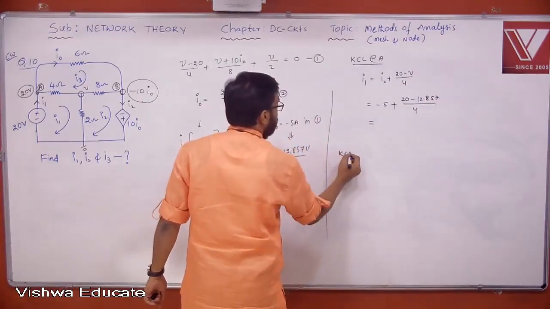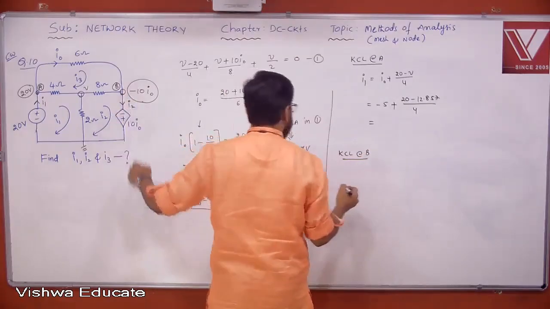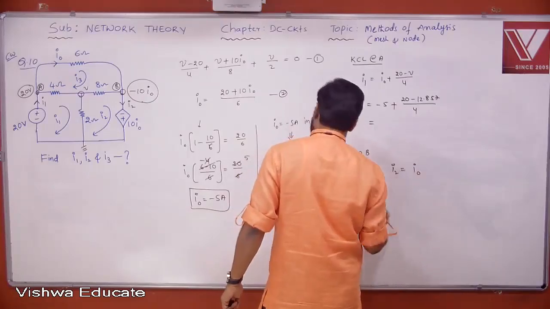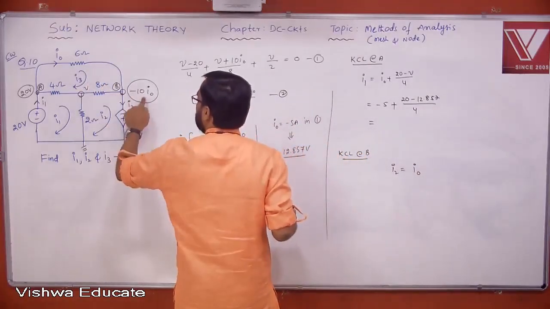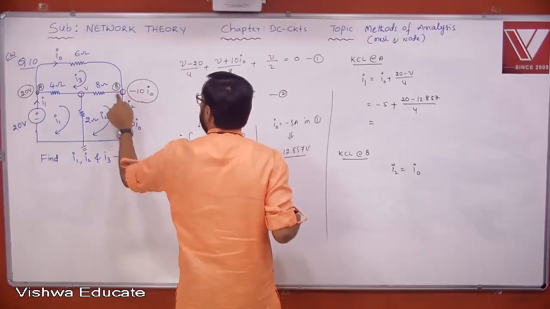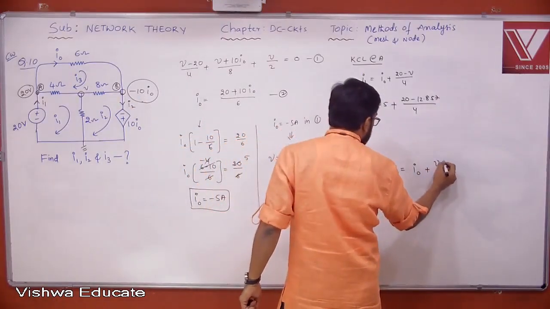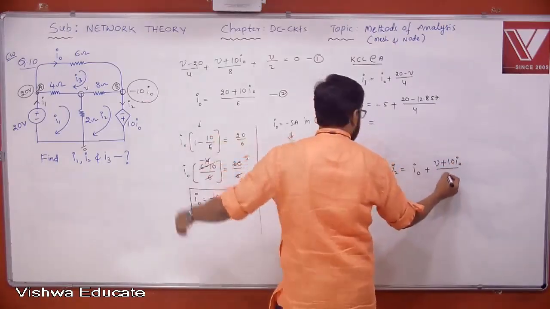Similarly, KCL at node B. If you apply here, I2 is leaving. I naught is entering. Yes or no? (V minus of minus plus 10 I naught) by 8 is entering.